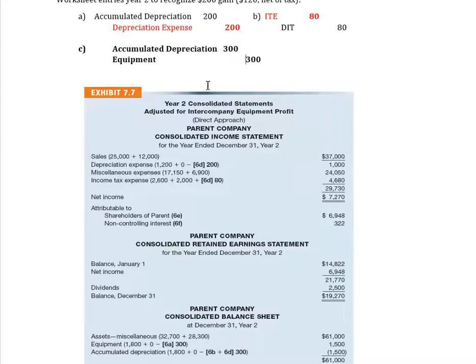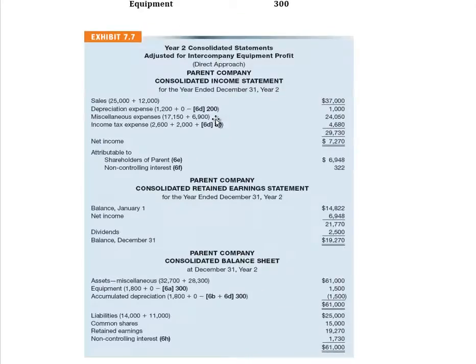But the idea is that we are still going to be showing, if you consider that the consolidated books in these problems are always starting with separate entity balances, in year 3 the accumulated depreciation would still be sitting on the parent's books at $1,800.